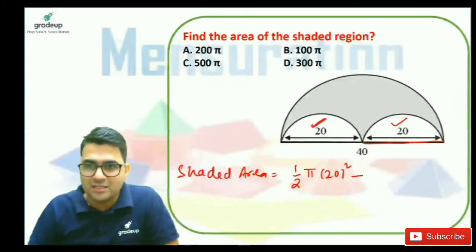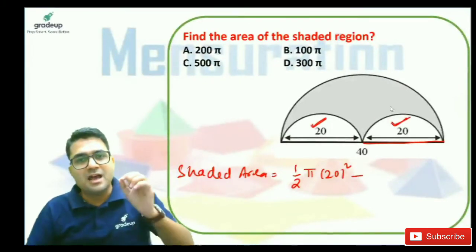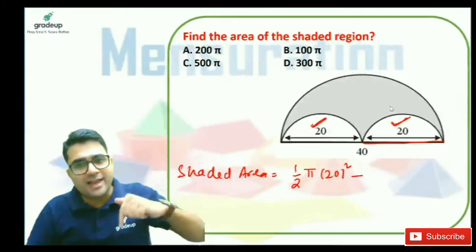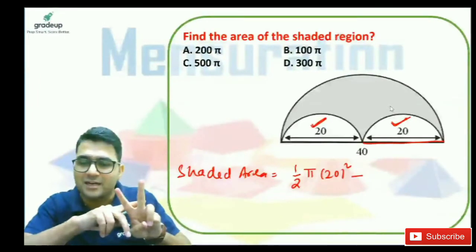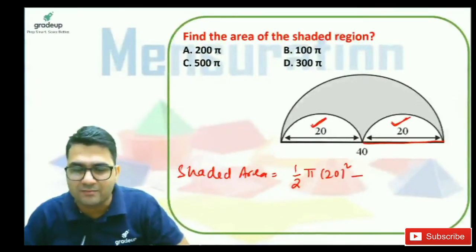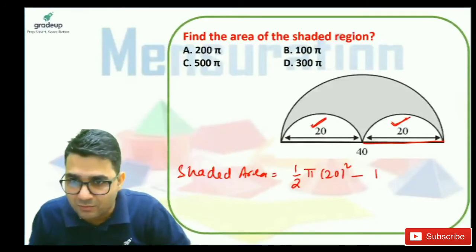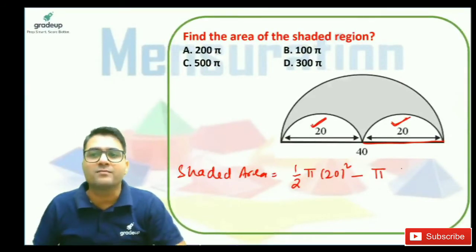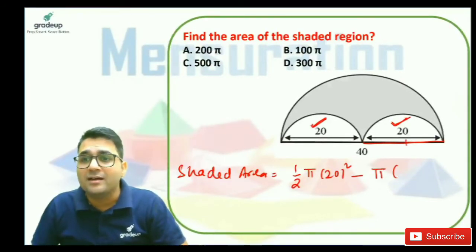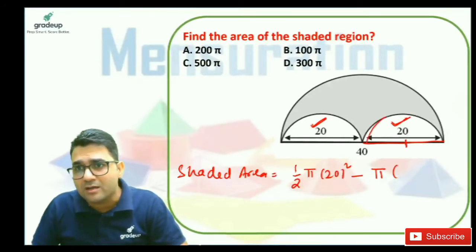And as these two semicircles have the same radius, can I say 2 semicircles is equal to a complete circle? Can I subtract the complete circle from here? Yes, I can.